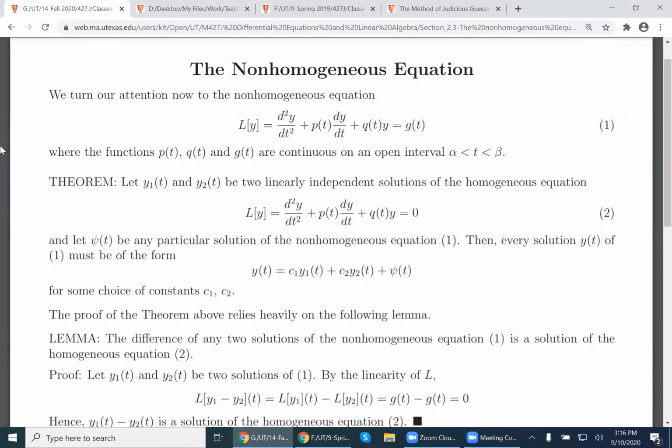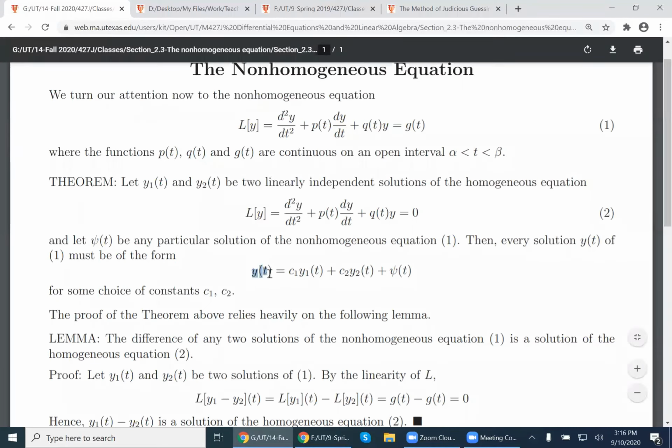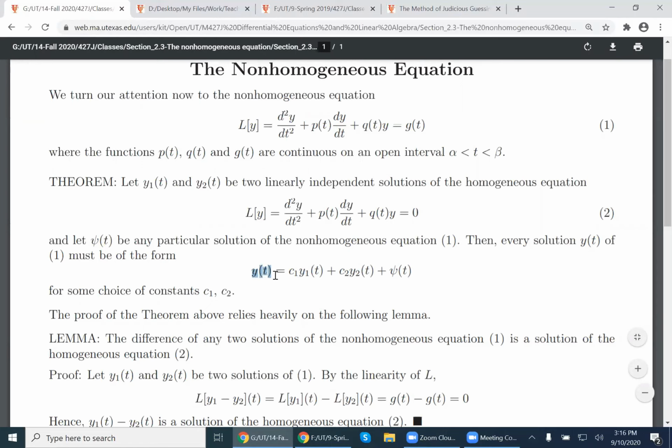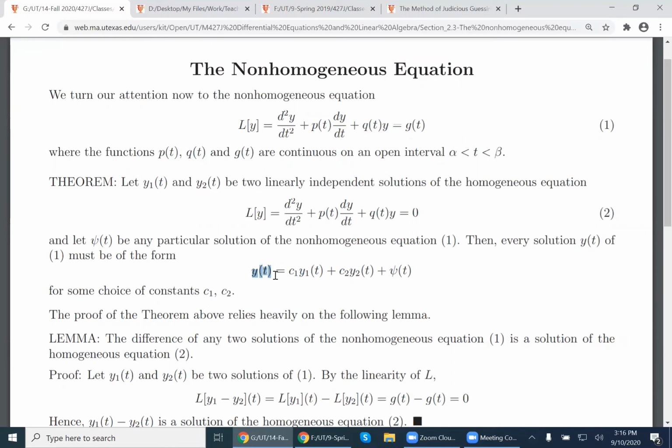Would you say that the y of t that includes the psi term, that whole phrase, is a particular solution to the non-homogeneous equation? Well, since y of t is the general solution, it is a particular solution. But also psi of t alone is a different particular solution to the non-homogeneous equation.